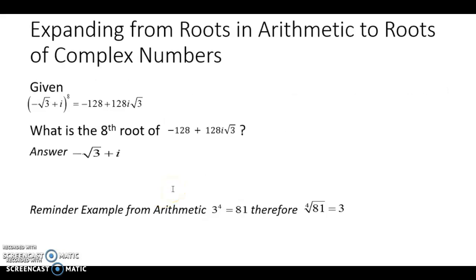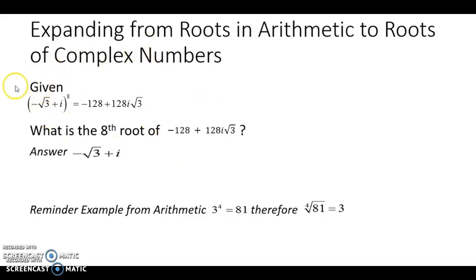Our next example asks us to find the root of a complex number. This is almost identical to how you would find, or in fact it is identical to how you would find, a root with arithmetic.